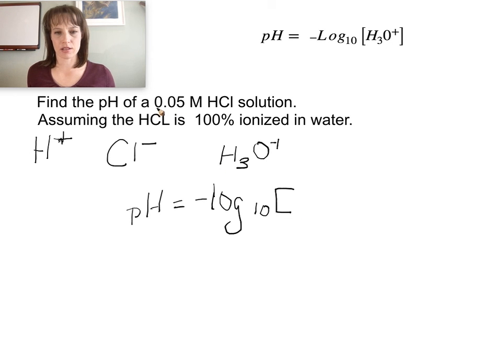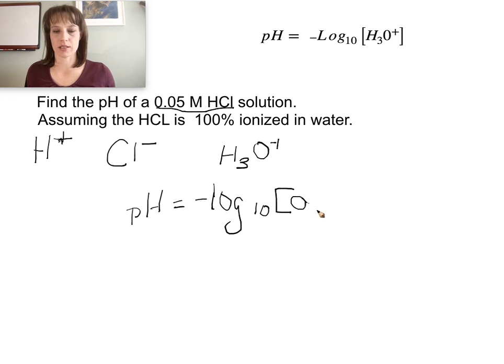And the concentration in solution of hydrochloric acid is 0.05 molar. Because there is one hydrogen, this is a 1-to-1 ratio. So this is quite easy.